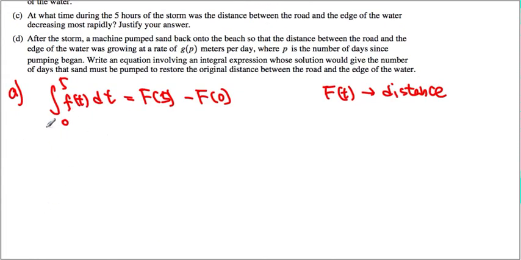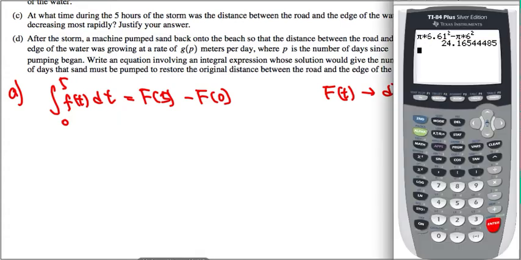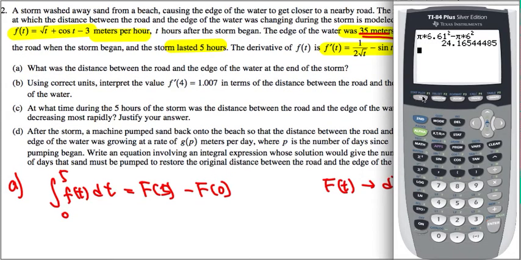We have to evaluate this with the calculator. I'm going to call it y equals the square root of x plus cosine of x minus 3, where x stands for t. Our domain has to be from 0 to 5. Let's graph it first.